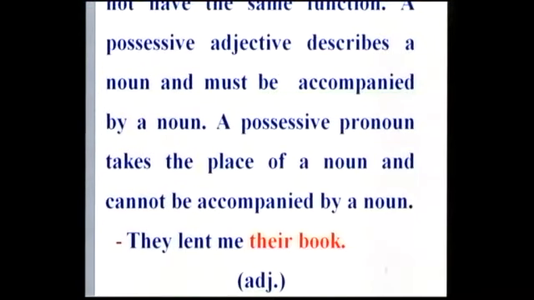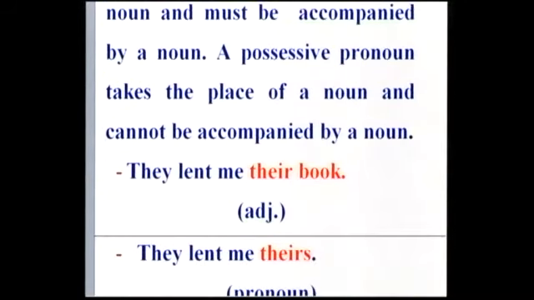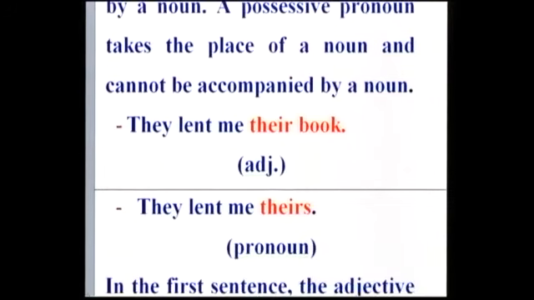Their book. Their is an adjective, possessive adjective, and book is the noun. طيب they lent me theirs. They lent me theirs. طيب theirs is a pronoun يبقى ما يجيش وراها اسم.